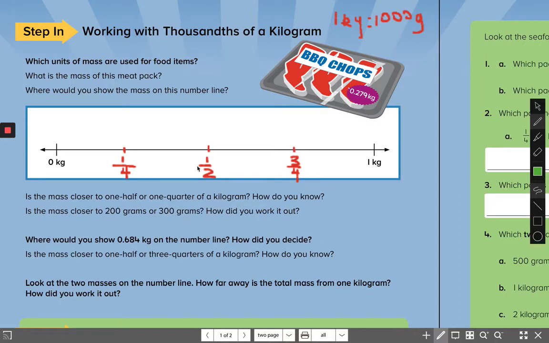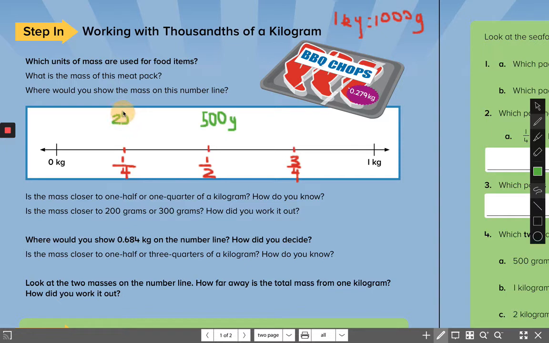So therefore, when we are talking about 1/2 of a kilogram, which is 1/2 of 1,000, we know this is going to be the same as 500 grams. Now we have established that, we can say that 1/4 of a kilogram also means 250 grams.